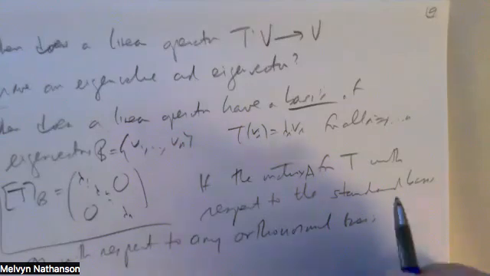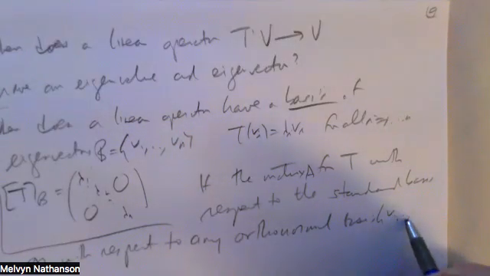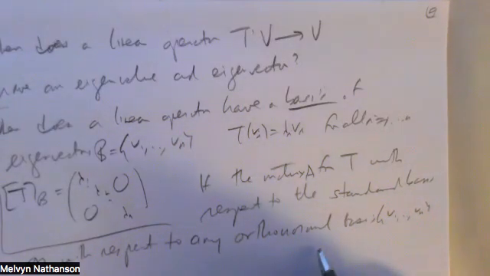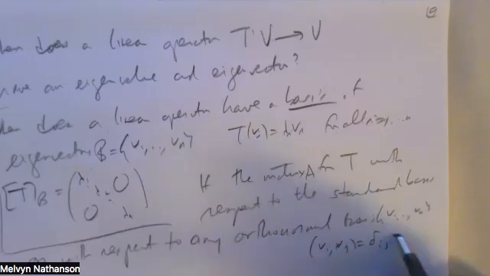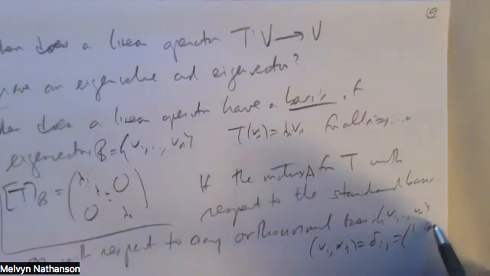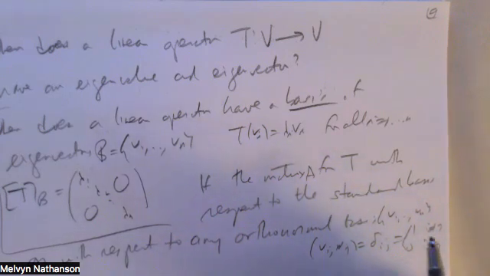Remember what an orthonormal basis is? You have n vectors v1 up to vn, and the inner product of vi and vj is the Kronecker delta ij, which is 1 if i equals j and 0 if i is not equal to j. So you have a basis where every vector has length 1 and they're mutually perpendicular.